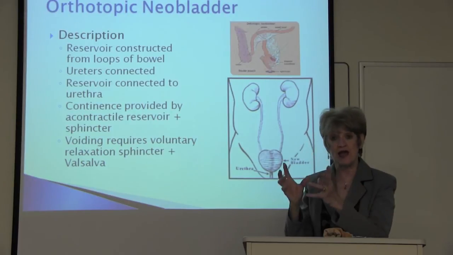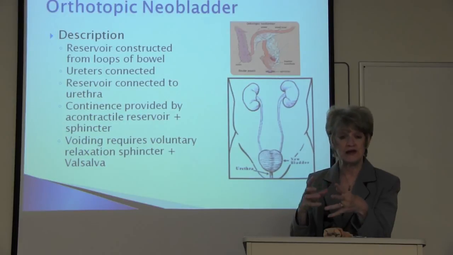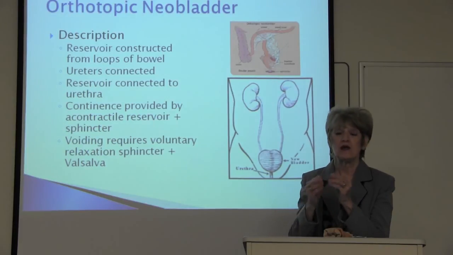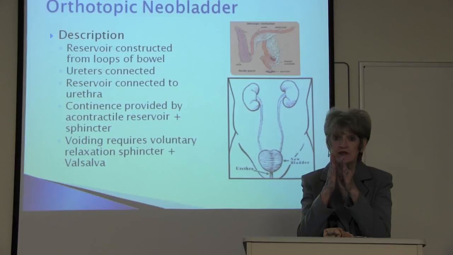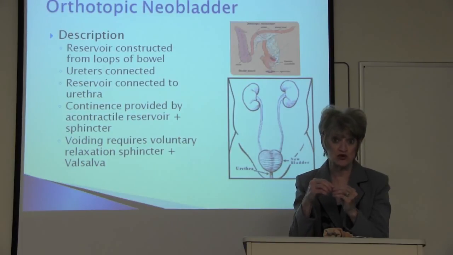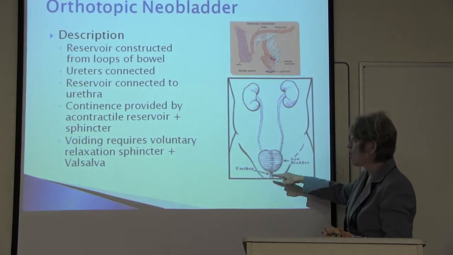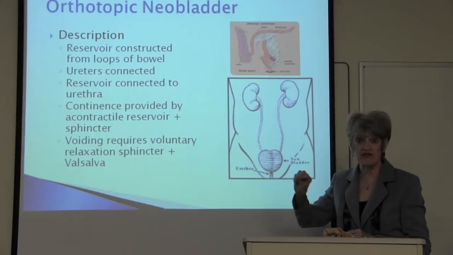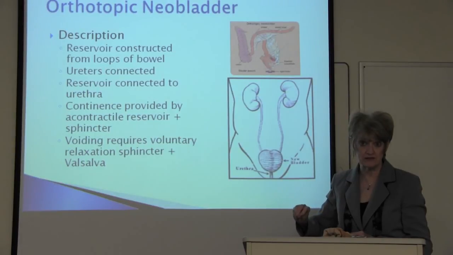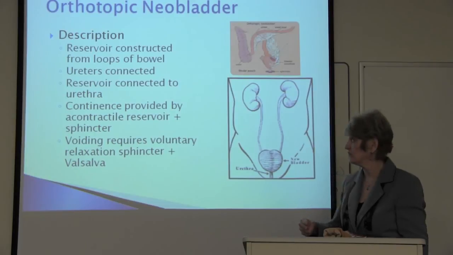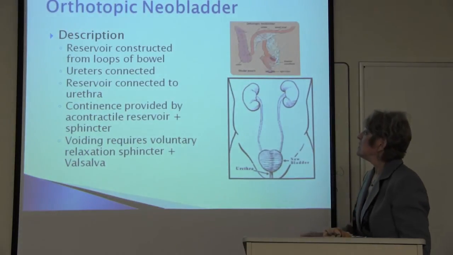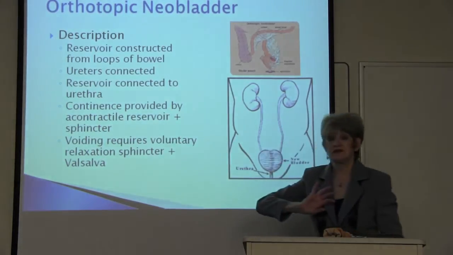So when they create the orthotopic neobladder, the reservoir, they're going to taper the distal end of the reservoir so it can be connected to the residual urethra. The connection to the urethra is always done above the voluntary sphincter mechanism so that the patient retains voluntary control. That's very important.